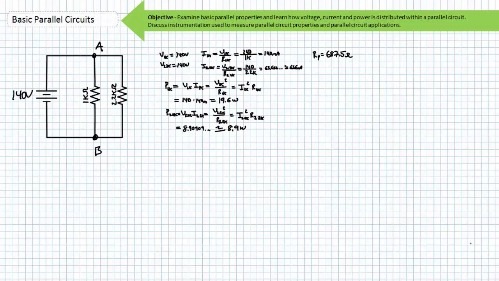Here's the easy way. Where did the current supplying the 1 kilo ohm resistor come from? It obviously came from the source. I'm not even going to ask this same question about the 2.2 kilo ohm resistor, because it's pretty obvious that this current was supplied by the source. If the 1 kilo ohm resistor was drawing 140 milliamperes from the source, and the 2.2 kilo ohm resistor was drawing 63.6 milliamperes from the source, how much current was drawn from the source?